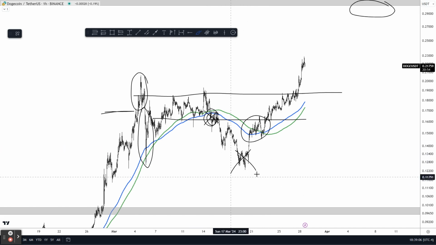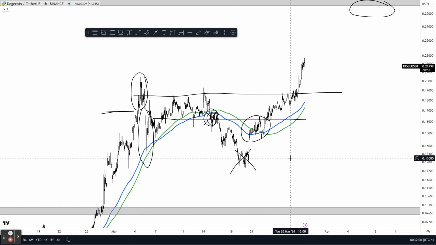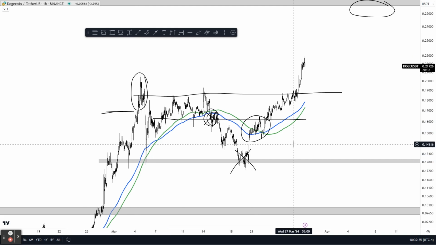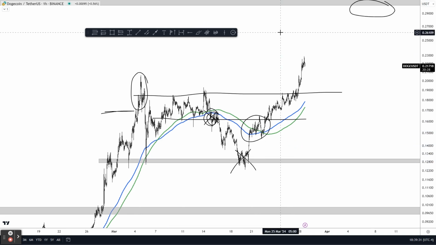So when we retest those 4-hour 200s, the logical assumption would be that if we were ever going to find a higher low on the daily, or maybe even just a very strong relief bounce, then the 4-hour 200s mixed with any relevant demand zone as confluence to that idea would be a pretty ideal zone to do that at. So we're still pretty confident in the trend in the first place.